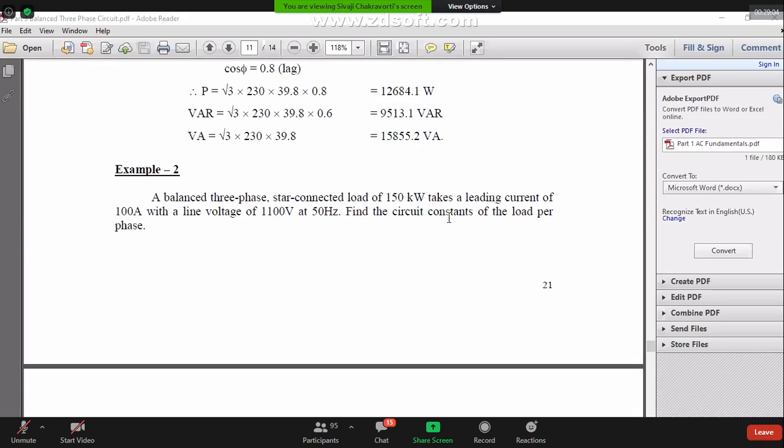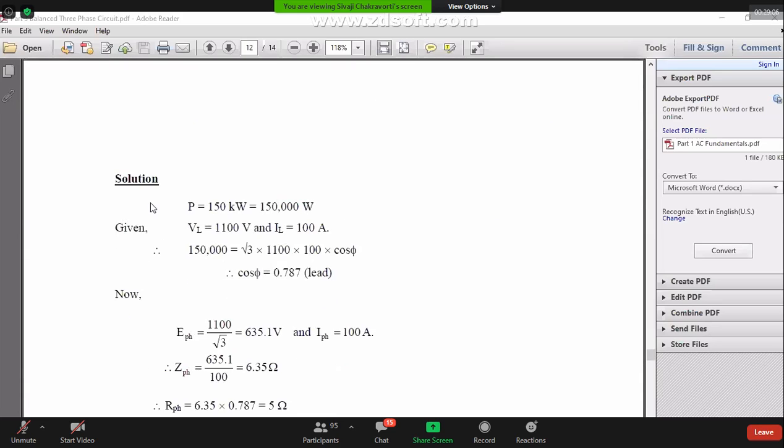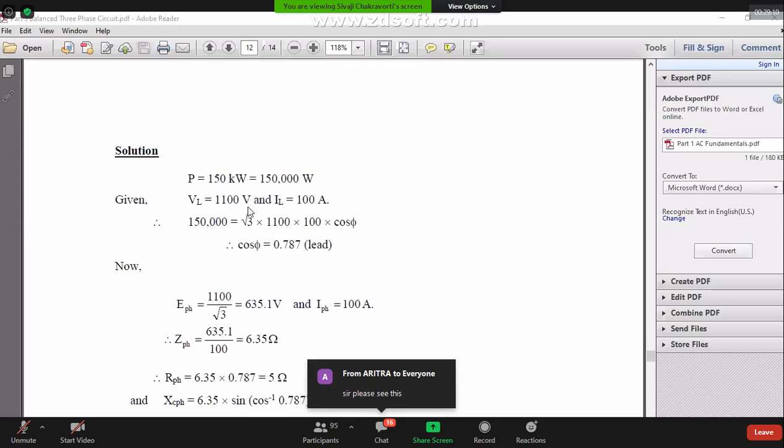So first you have to decide, okay, there will definitely be a resistance. But what about inductance or capacitance? Which one is there? So in this problem, clear indication is given that it's a leading current. Therefore, it's a capacitance. So circuit constants means there will be a resistance and there will be a capacitance.